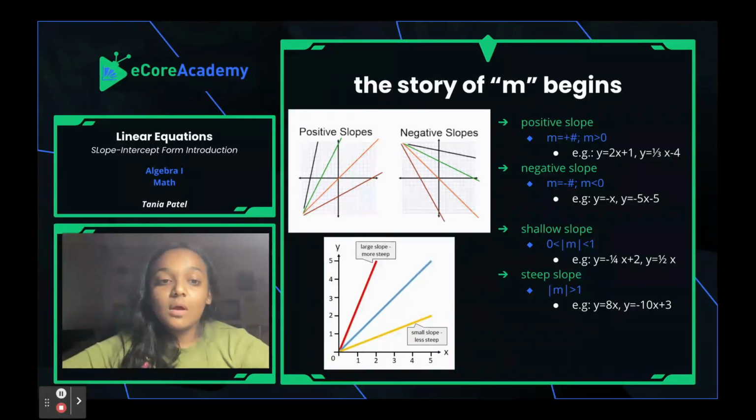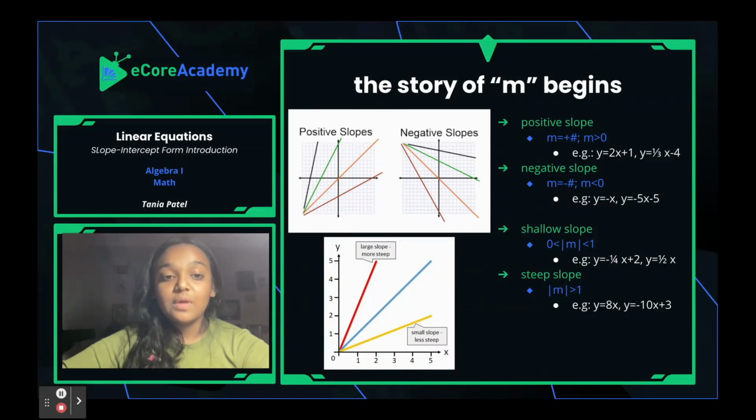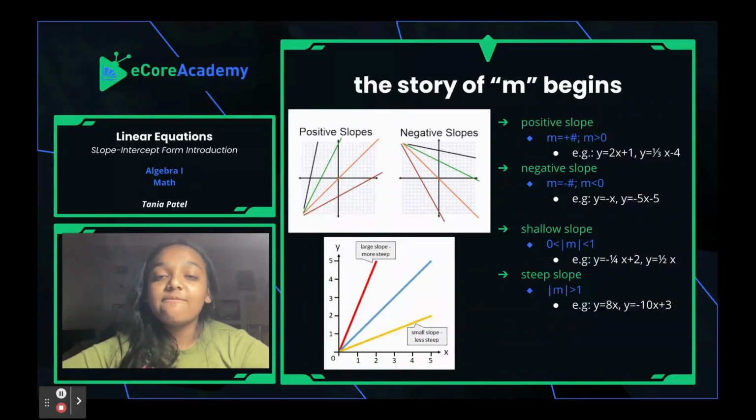So, for example, in the equation y equals negative 1/4 x plus 2, the M value is negative 1/4. Remember, we are trying to get the absolute value of the M value. So it will be 1/4, and 1/4 is between 0 and 1. Therefore, the slope of that equation will be a shallow slope.